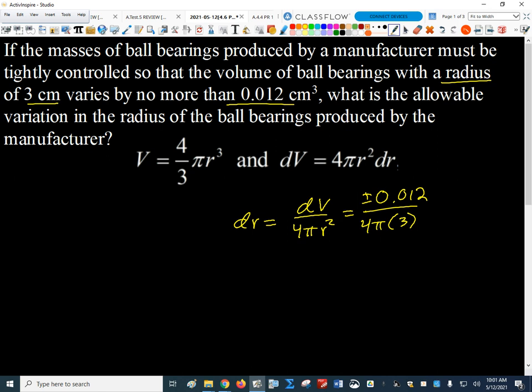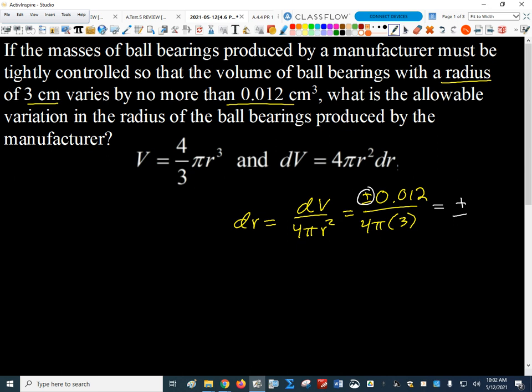That seems like a pretty minor thing, but I really like doing that, because then in my answer we get a plus or minus, which should be there. The radius could be either slightly too much or slightly too little.